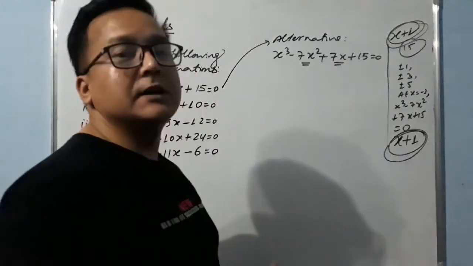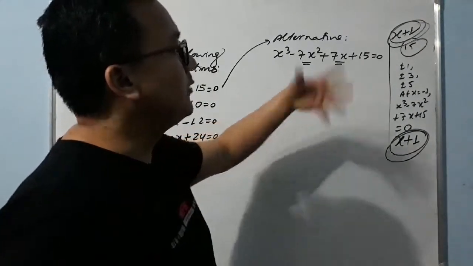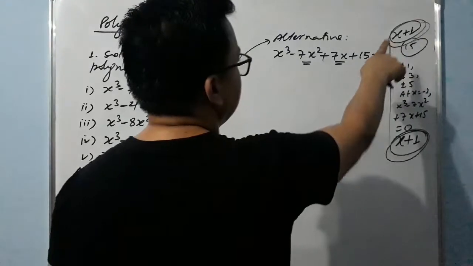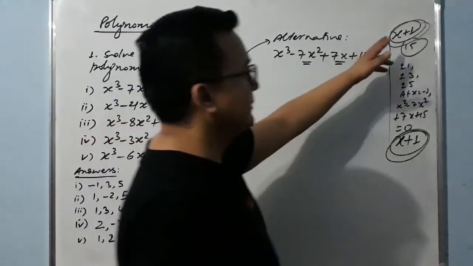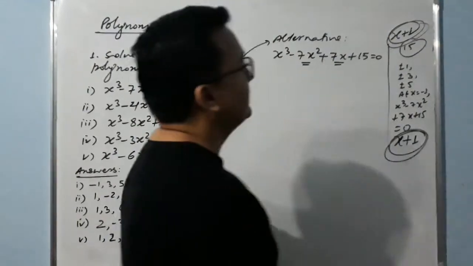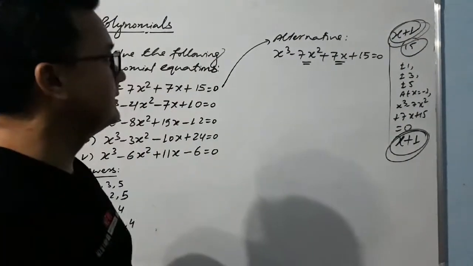So see how to gather these terms so that it will help us find the value of x. Here, x plus 1, possibly you need to find the factor. If you get x plus 2, then try to get x plus 2 everywhere. If you get x plus 1 as a factor, then we will try to get x plus 1 here.